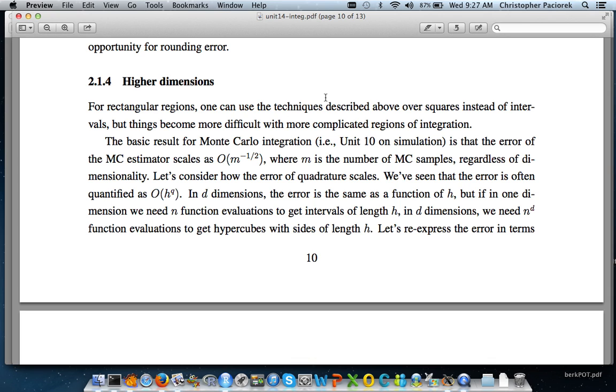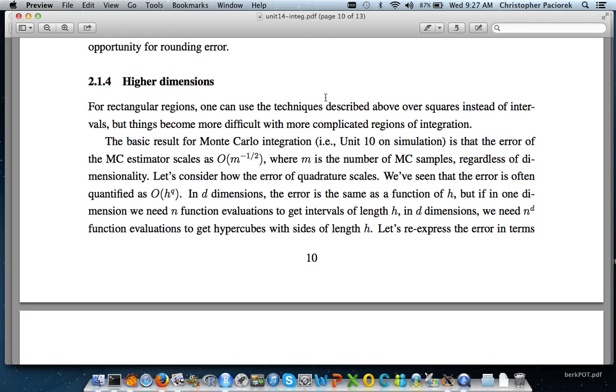Okay, so we've already seen that oftentimes we can write down the error in doing the integral as order of h to some power q, depending on what the method is. So this would be a 2 if we were doing the trapezoidal rule, it would be a 4 if we're doing Simpson's rule, et cetera.